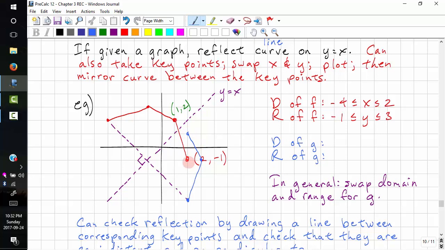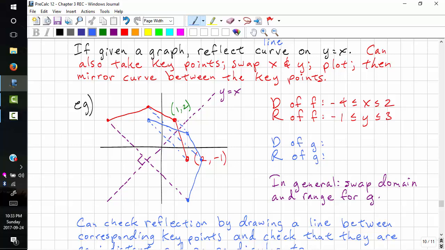And the last one here is 2, negative 1. So this becomes negative 1, 2. And join. And if we take any of these corresponding points, they should be perpendicular and equidistant to y equals x.